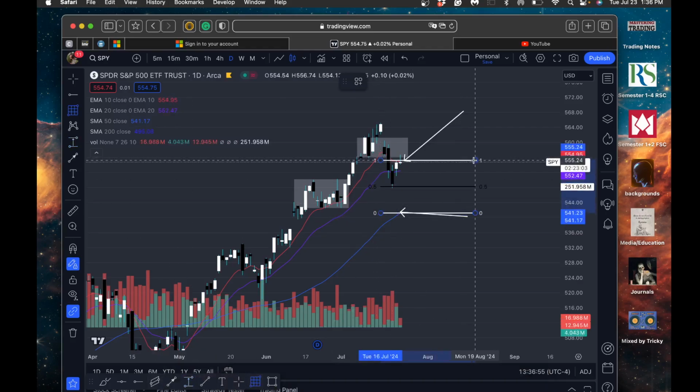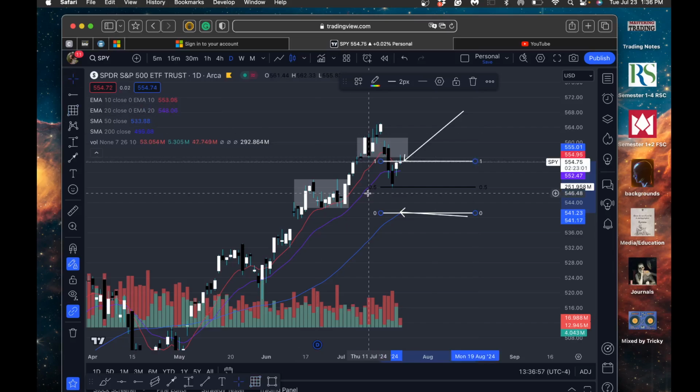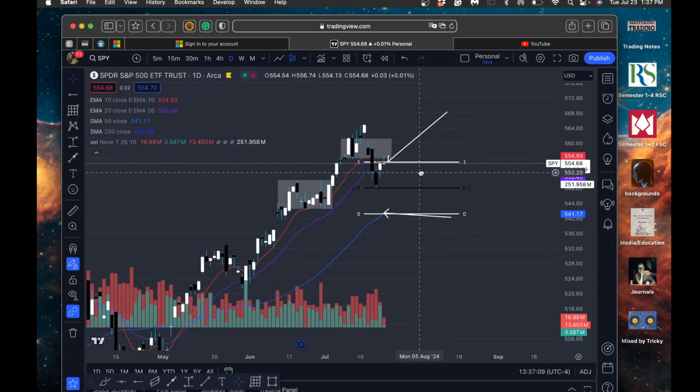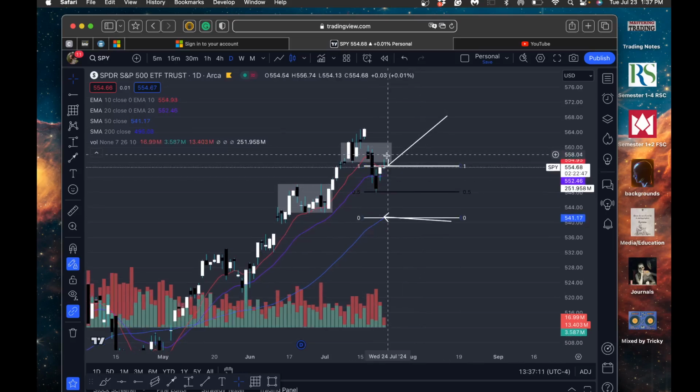In between these two points, there's no dominant trend for me to involve myself. So this is when I take my hands off the charts and the keyboard, and I just let the market do its thing until we get back above the 10 and the 20, or we get below the 50.